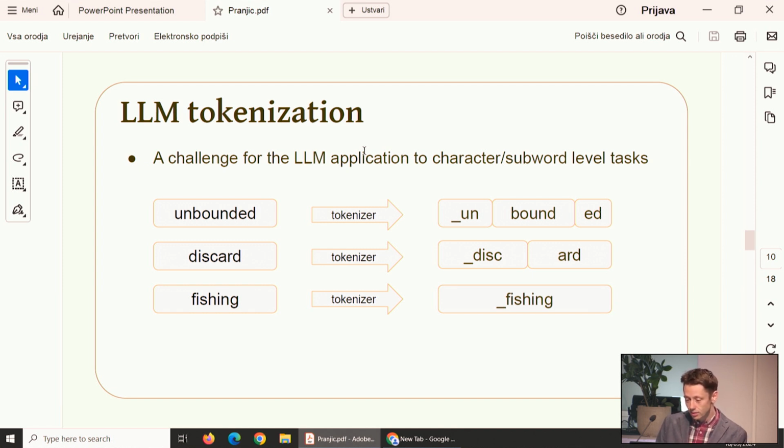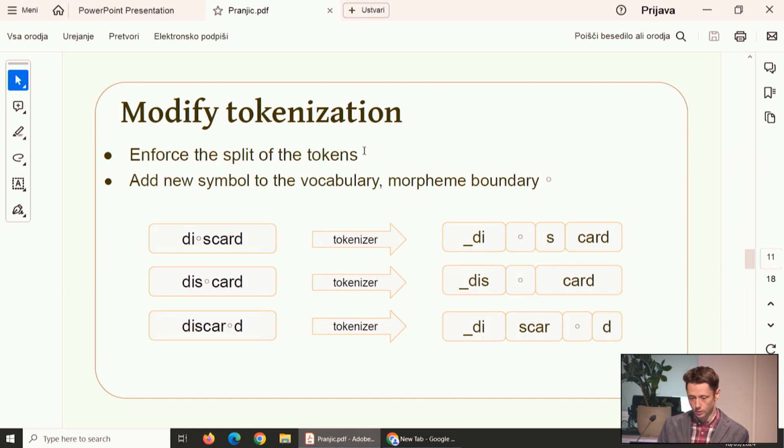For the word discard, it splits it into two parts, but this split does not correspond to morphemes. Or words like fishing are frequent enough to be included as a complete word in the vocabulary of the model. So all of those boxes are represented by a single number in the model, and it's hard to find a way to chop it up and get the model to work.